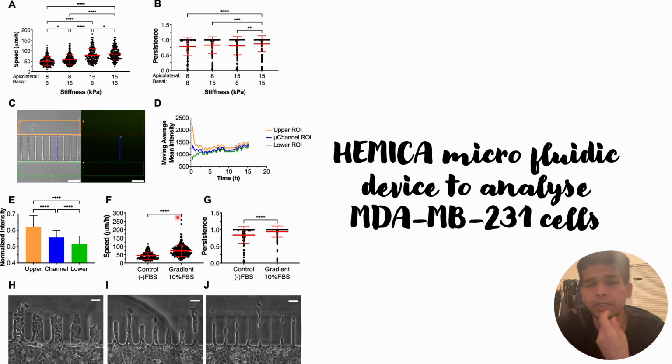So this further substantiates their point that this device is capable of measuring this chemotactic gradient. And when they check the persistence of the cells, they find an increase in the persistence when the system has a gradient of 10% FBS.